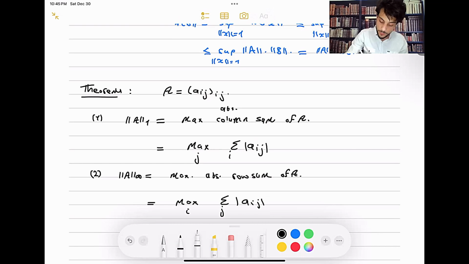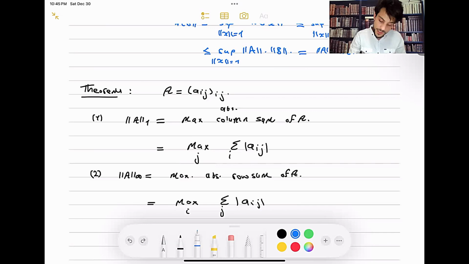So over here, we're fixing j, we're fixing a column and considering its sum, and then we get a number. And then we do that for every j and we take the maximum over these.